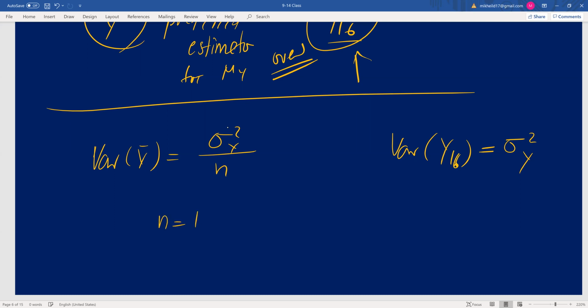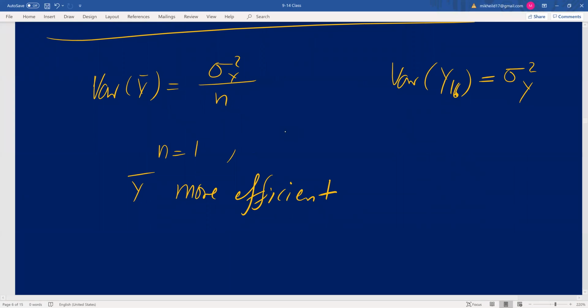What if n equals 1? Then they are equal. Yeah, he was absolutely right. So y bar is more efficient, because it's being divided by n.